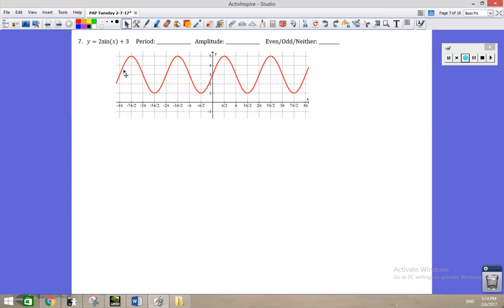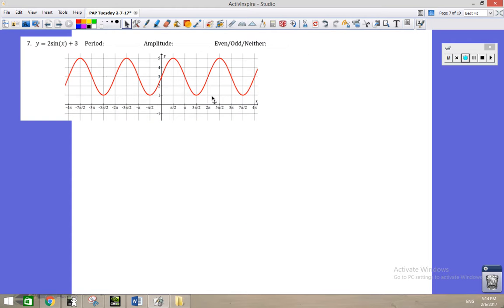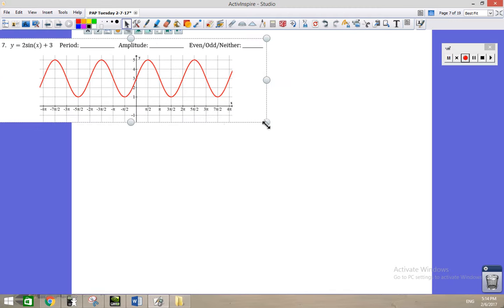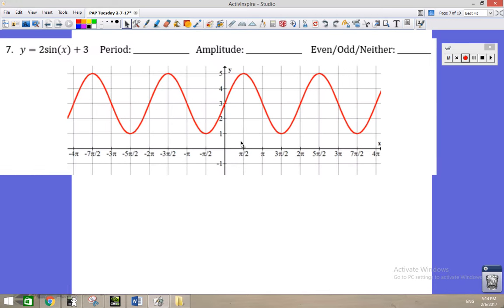Alright, so here, let's look at this guy. So my period, where does this pattern begin to repeat? If I start here and go up and then go down and come like this, then the pattern starts to repeat.